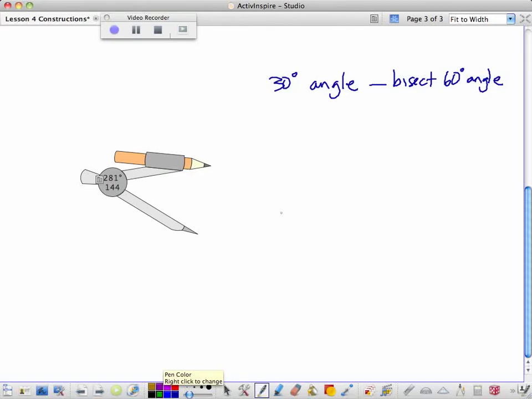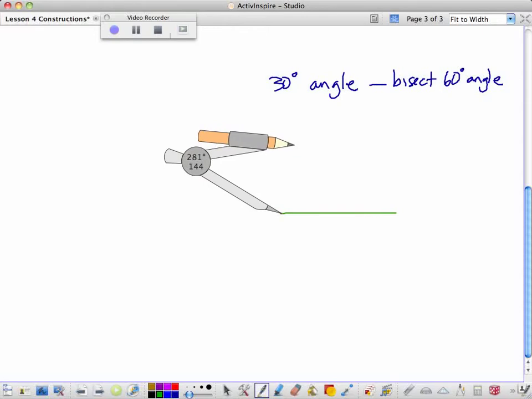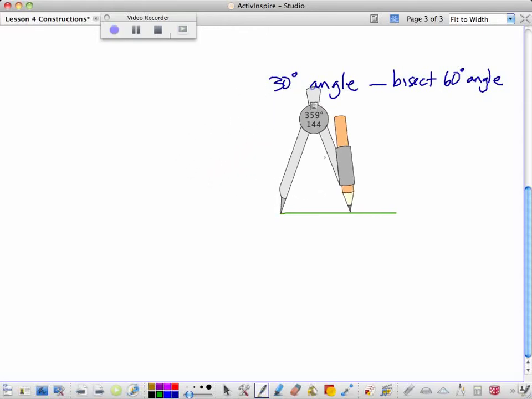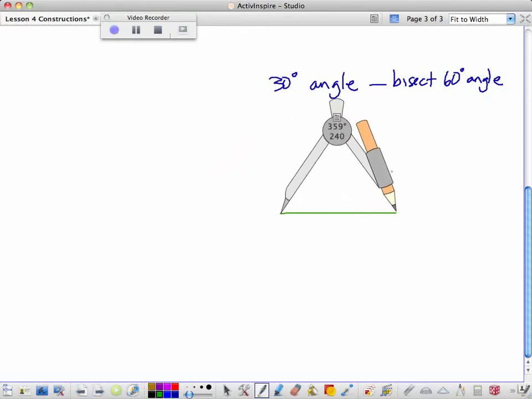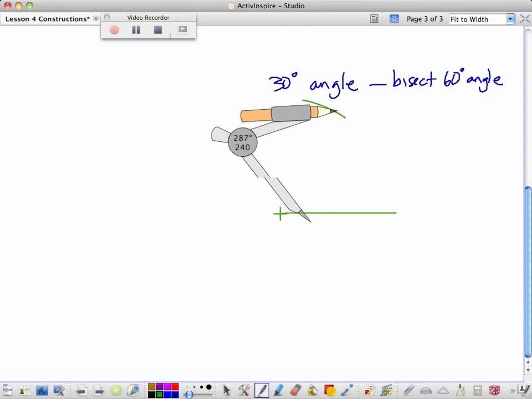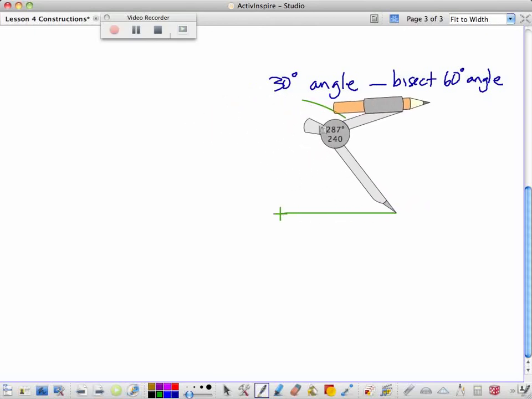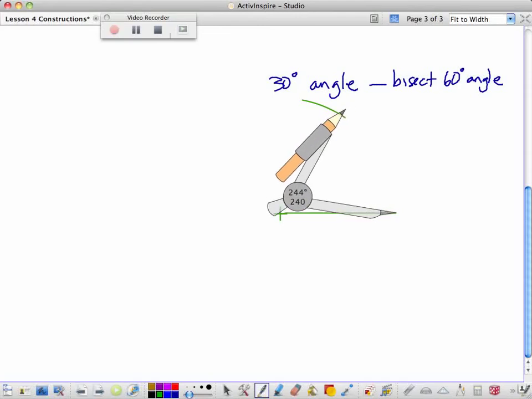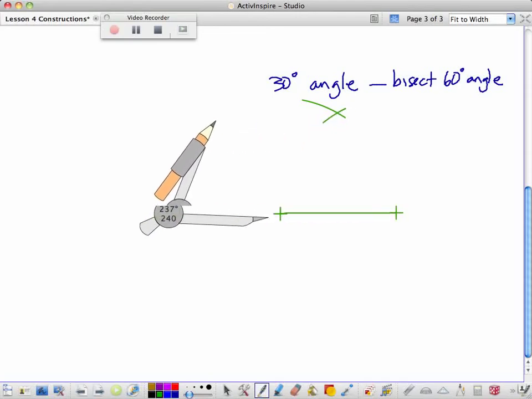I start with any segment that I want. I put my compass tip on the edge of the segment, open my compass up, and make the mark up here. I go to the other end point, move my compass, and see where the point of intersection is.